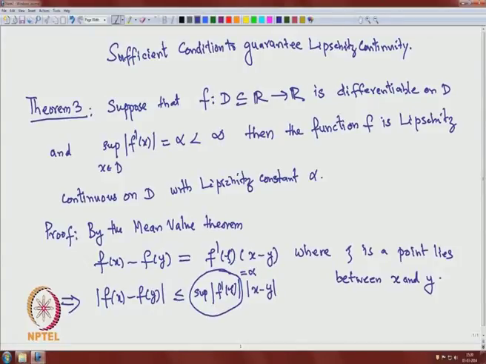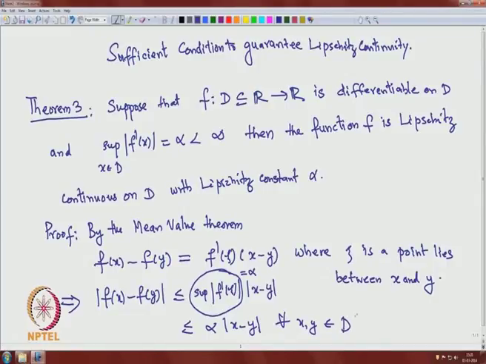By hypothesis, this sup exists and is bounded by alpha. So, therefore, this is less than or equal to alpha times |x minus y| for all x, y in the domain D.